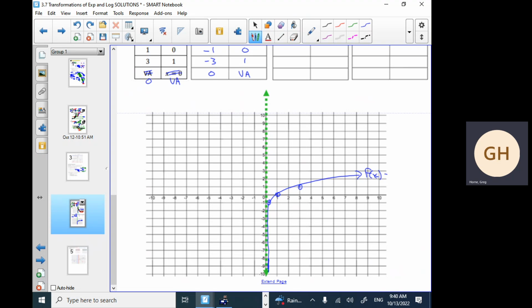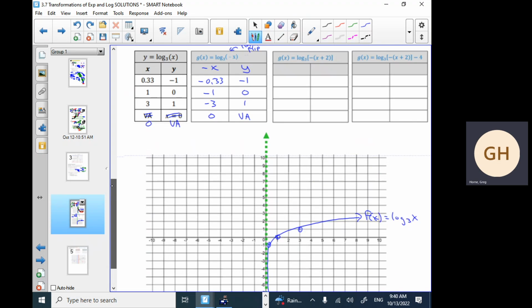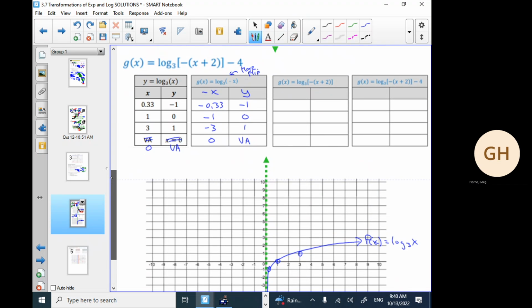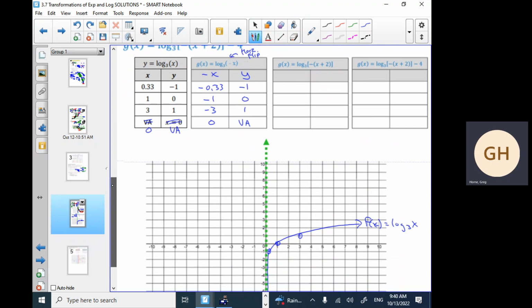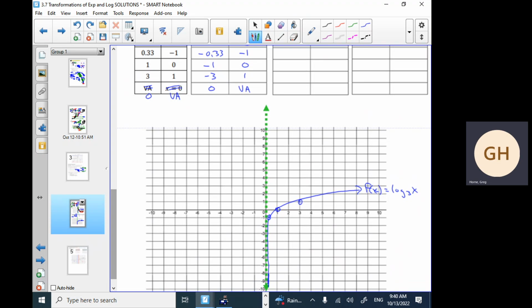That is our log base 3 of x. And when we do our negative x, the first transformation, we go negative 0.33 and down 1. So you can see we're just a mirror image on the other side.